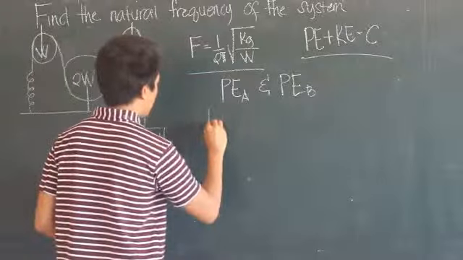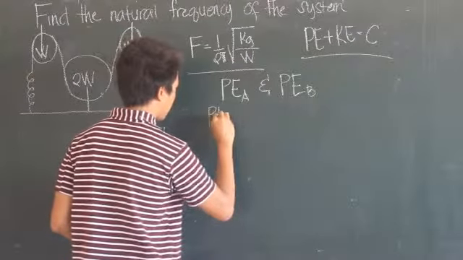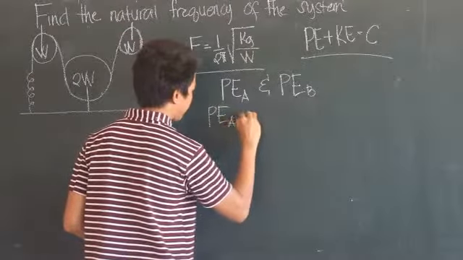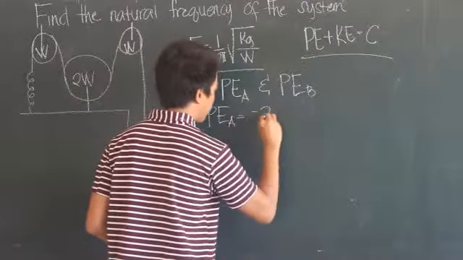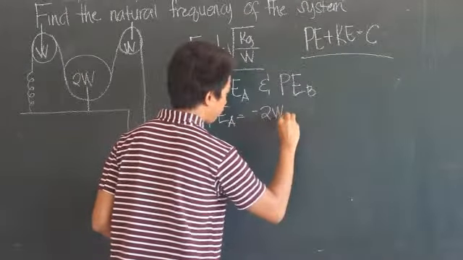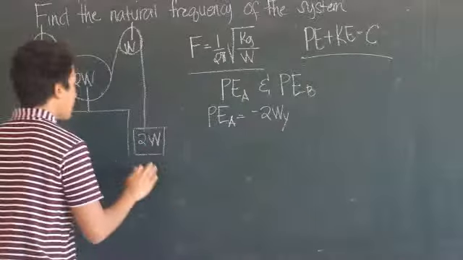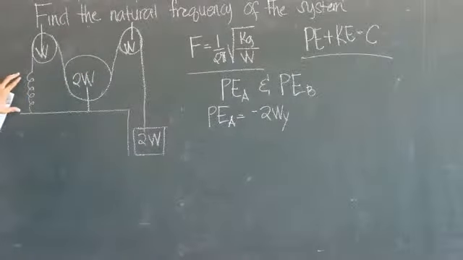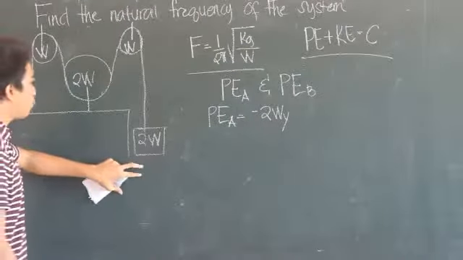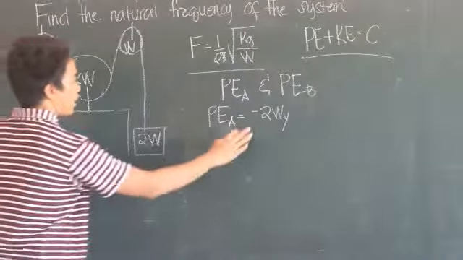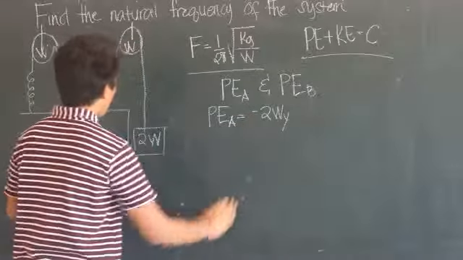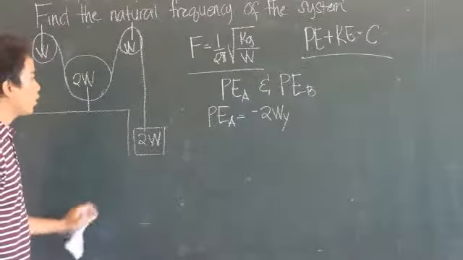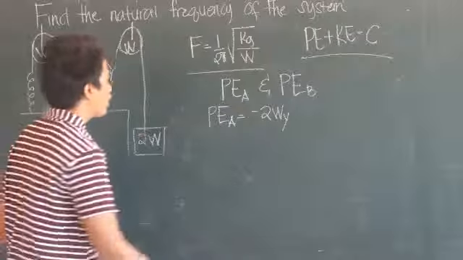So, since as you can see, when the spring is stretched, the weight moves downward. That's why it is -2W. And as the weight moves downward, the potential energy decreases.